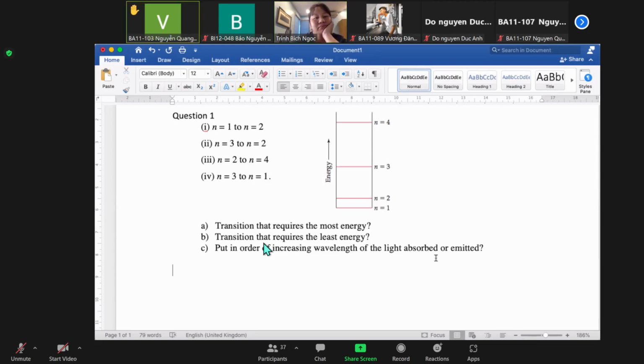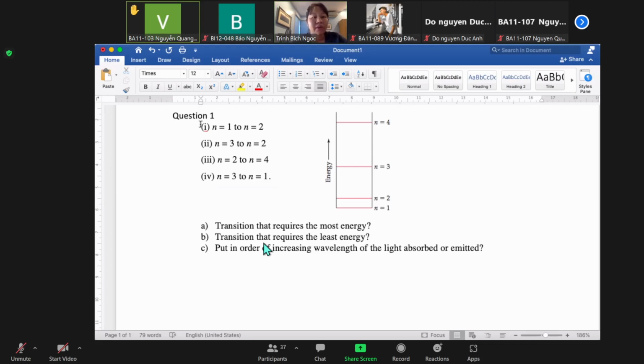The transition that requires the most energy is the transition from n equal to 4 to n equal to 1. No, you have just, among the 4 transitions. You understand the question? Yes.